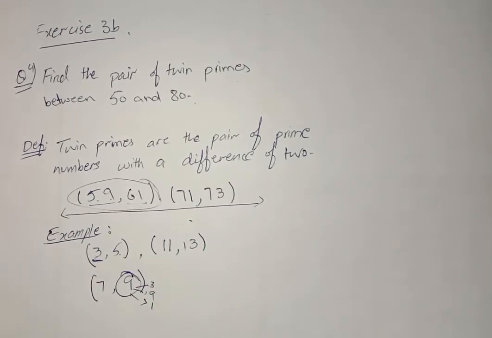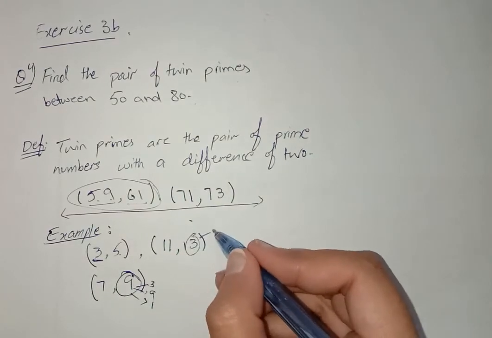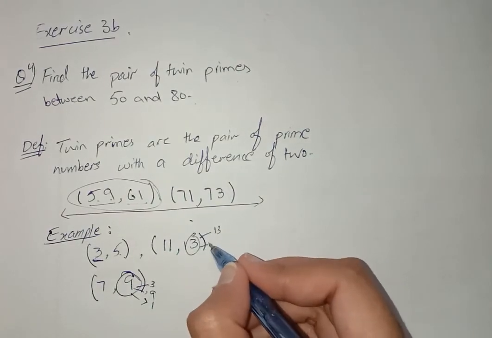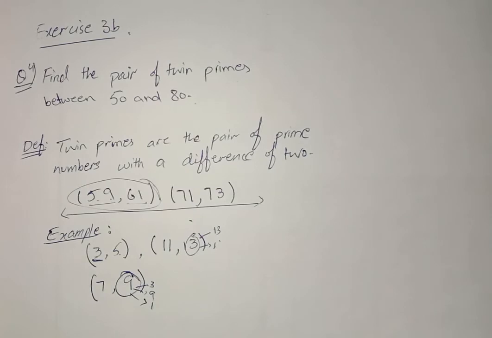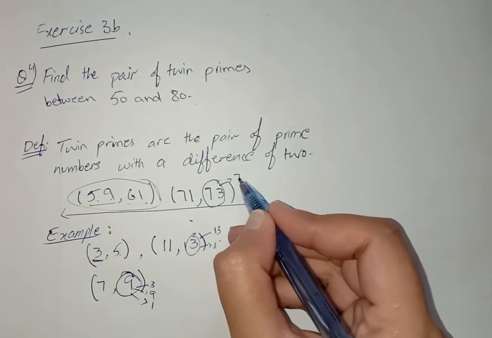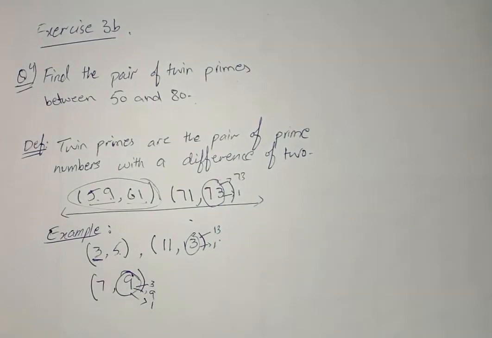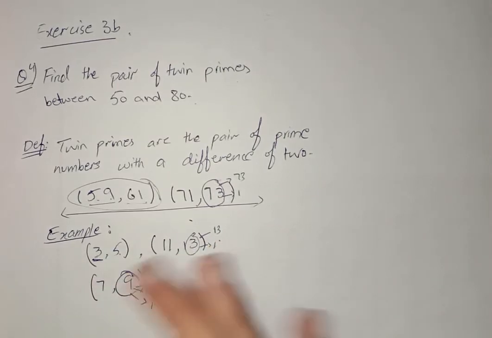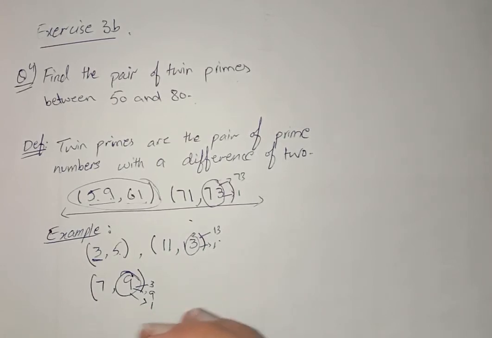Prime numbers have only 2 factors, 1 and themselves, just like 13 comes in the table of 13 and in the table of 1. As 73 comes in the table of 73 and in the table of 1, these are prime numbers. And what are twin primes? We have to place the numbers with the difference of 2.